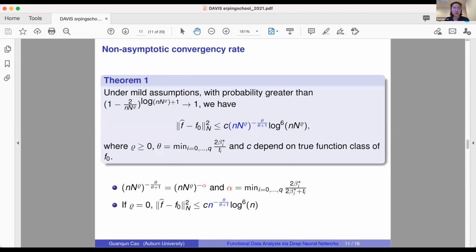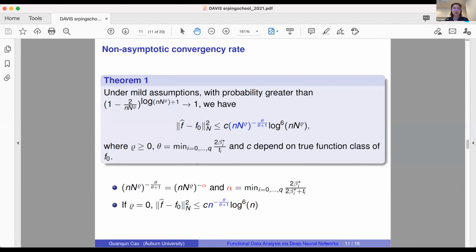We also developed the convergence rate in terms of the L2 empirical risk. We find that if we ignore the log term here, the convergence rate is quite similar to the optimal nonparametric convergence rate, regardless of the D-dimensional data set.